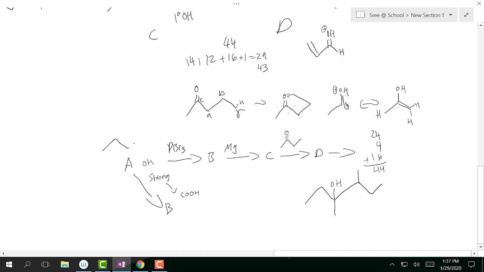Okay, so this first step will turn alcohol into bromine. That bromine will undergo MgBr. So MgBr will just be right next to it.